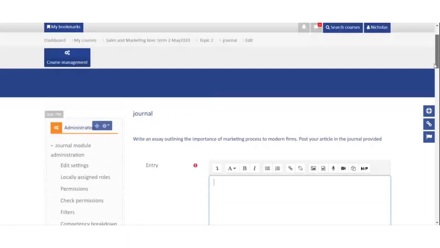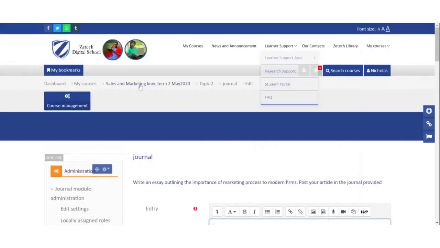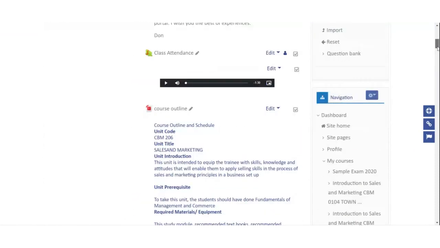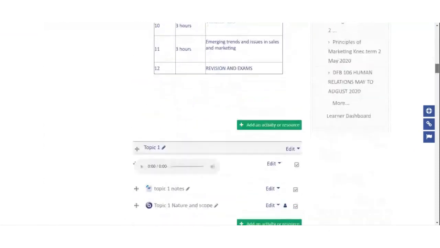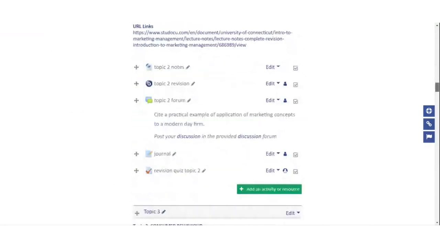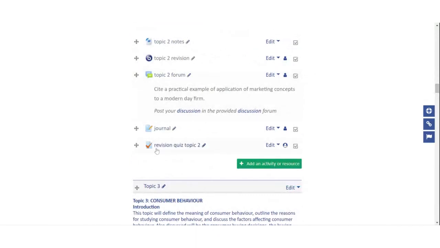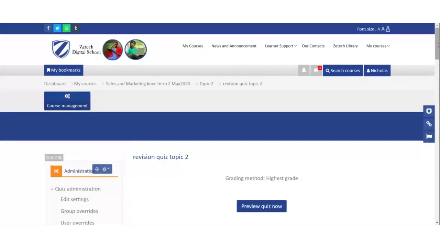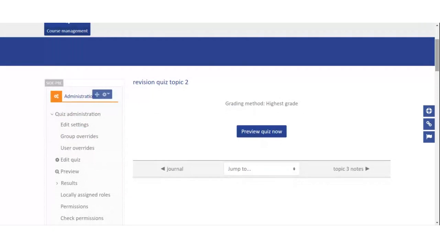Good. The next activity, there's lots of activity today, eh? The next activity is this one, the quiz. I've already posted it. What you need to do is to come and click onto it. This is not like the exam where you are restricted on the number of attempts.